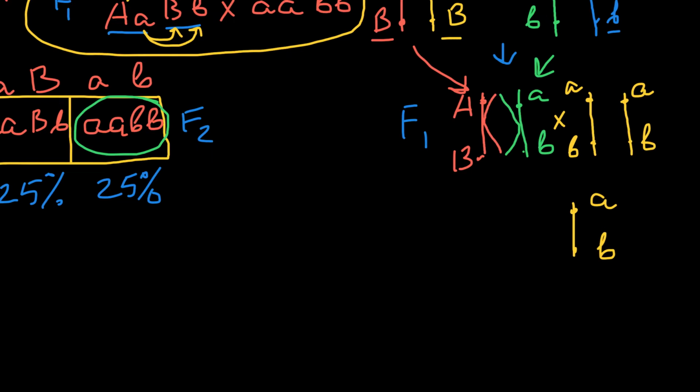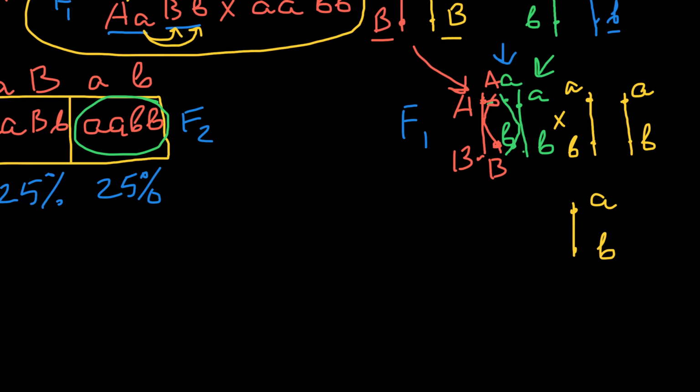For example, again, on this chromosome we would see dominant allele A, and here at this locus we also would see dominant allele B, and another chromosome, because it is an identical copy, would have small b allele here and small a allele here. So recessive alleles.